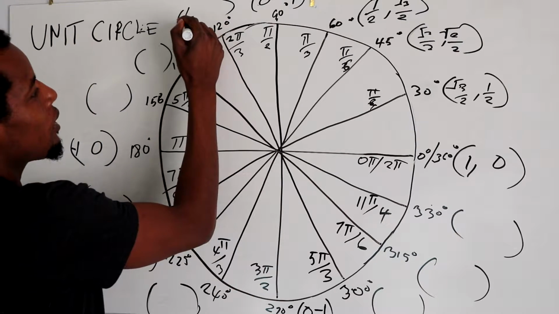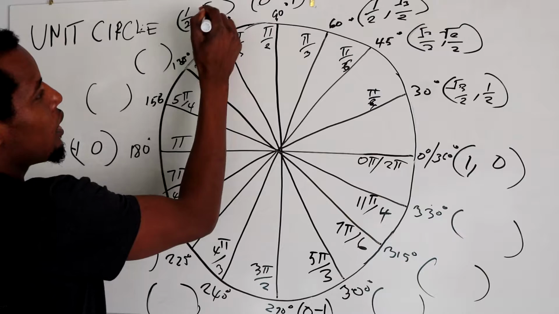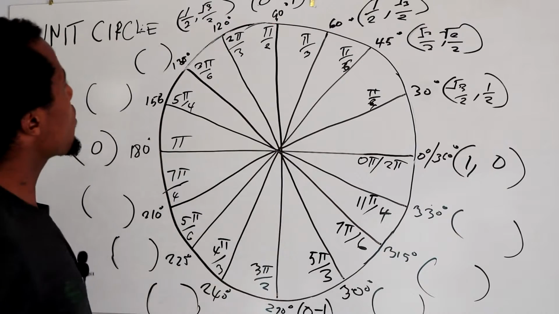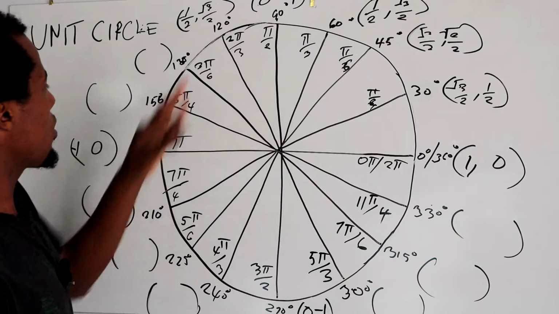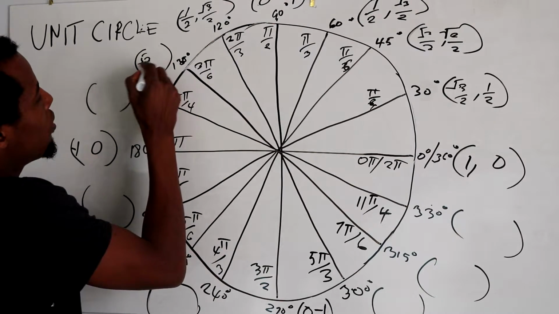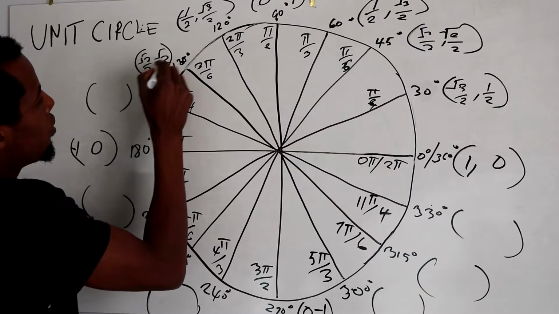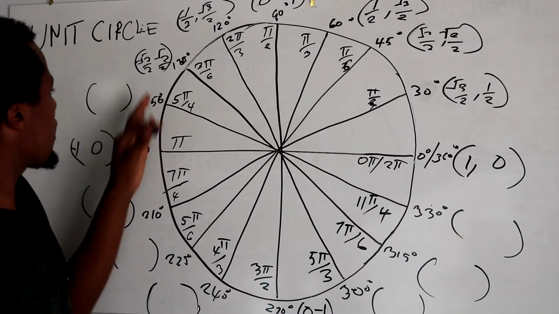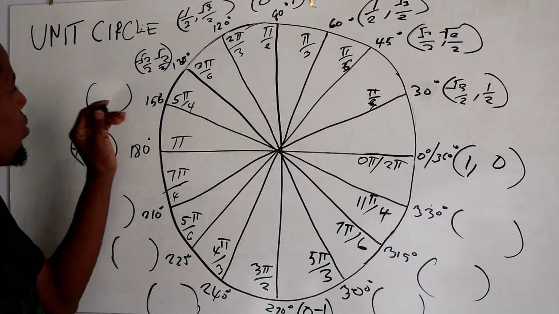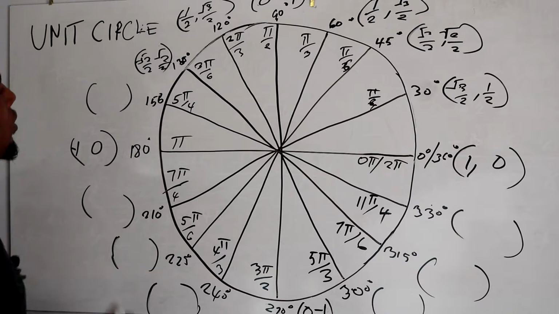So we're going to repeat 1 over 2 and root 3 over 2, but the x coordinate is going to have a negative sign because it's in the second quadrant. So it's going to be root 2 over 2, root 2 over 2, but the x coordinate is going to be negative, so it's going to be negative root 2 over 2 and root 2 over 2.